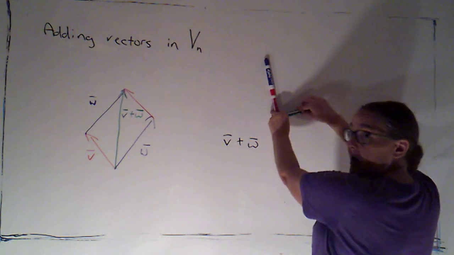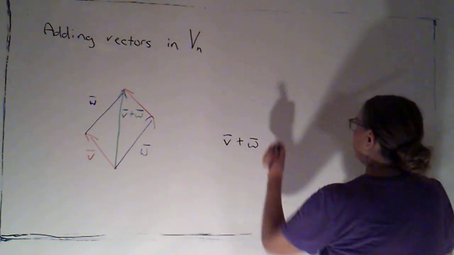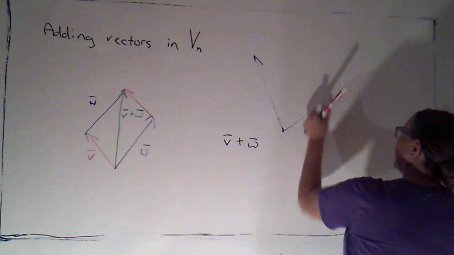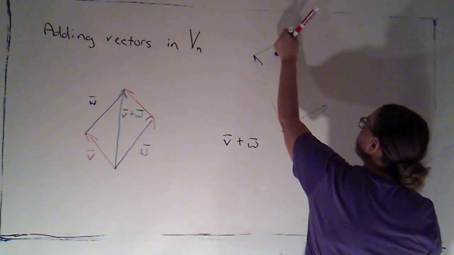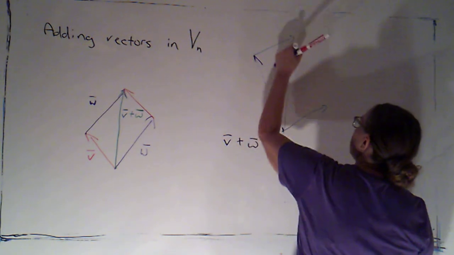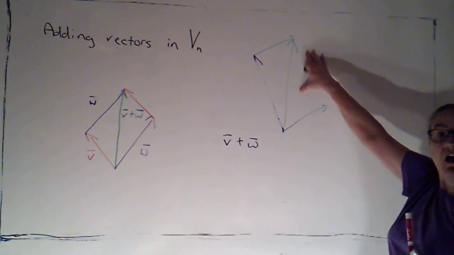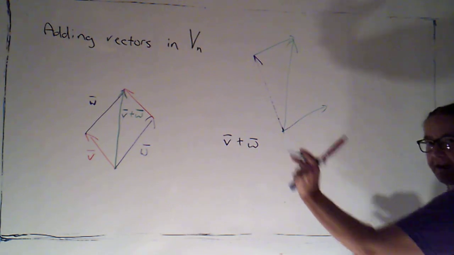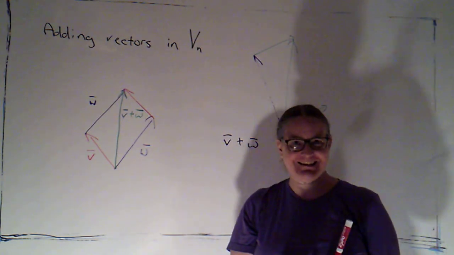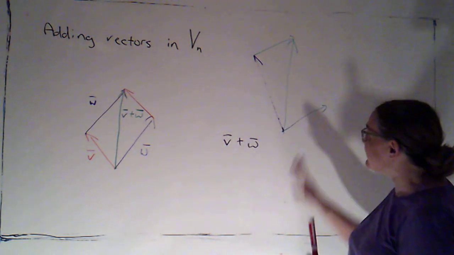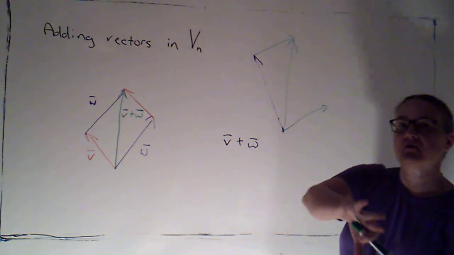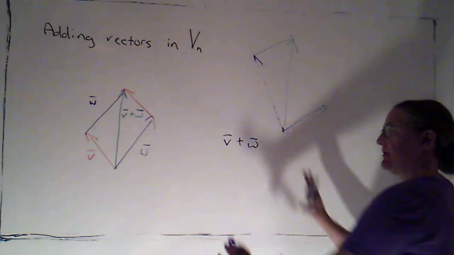So I could draw a picture and say, okay, there was v, and there was w, and this is representing that vector sum in 3 space. I just didn't draw things with the coordinate axes. So the directions are a little bit warped here, because I've just rotated everything and put it down.